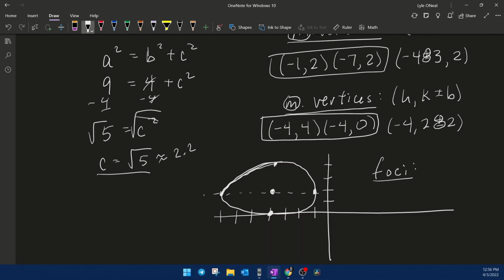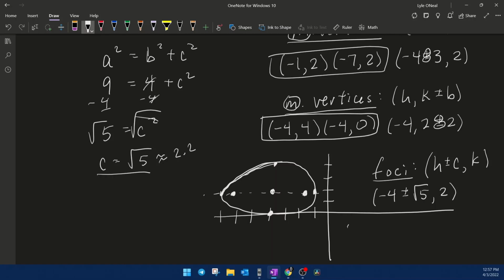And so that would indicate that the formula for the foci is h plus or minus c, comma k, which would be negative 4 plus or minus the square root of 5, comma 2. And then you're going to need to approximate those. That is about 2.2 away from the center in both directions. So that should give us our foci.